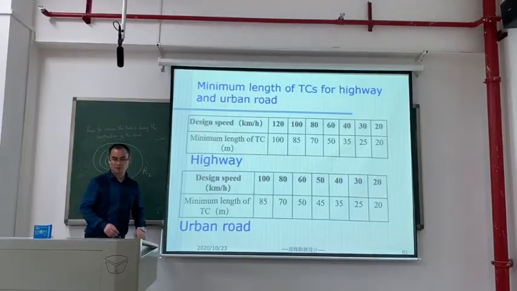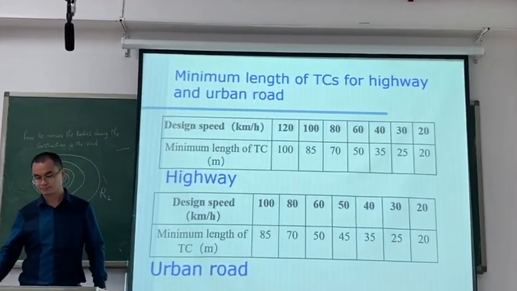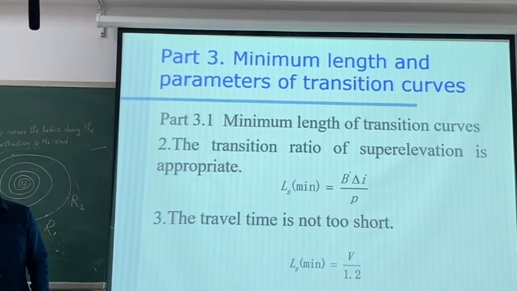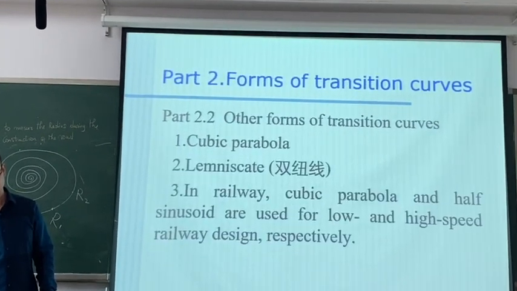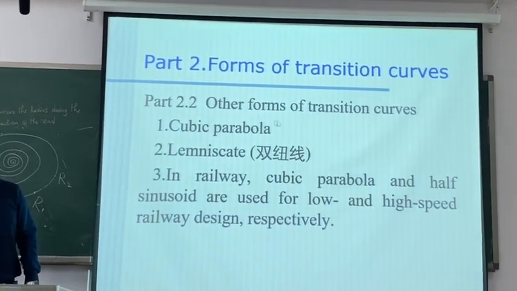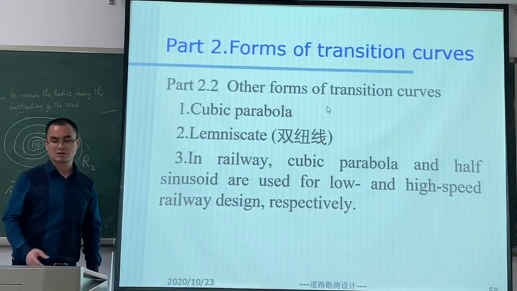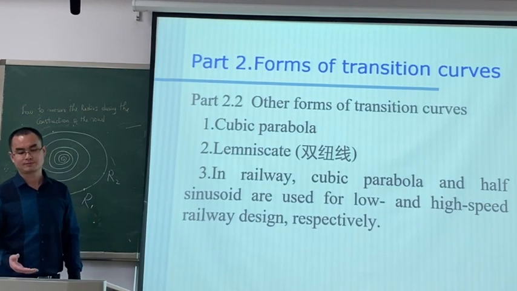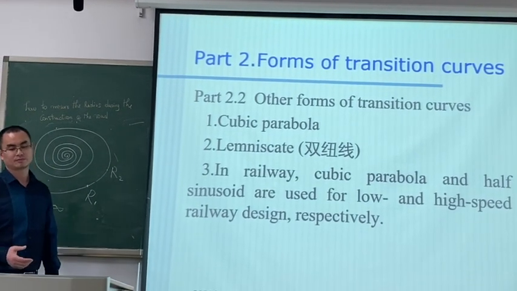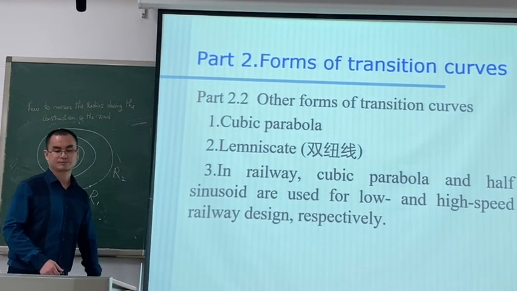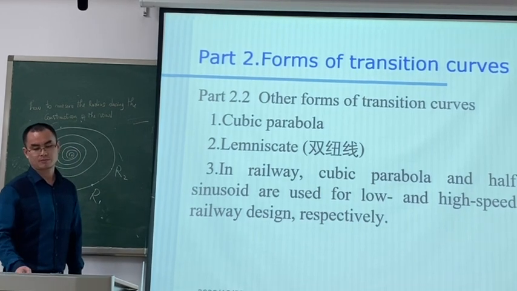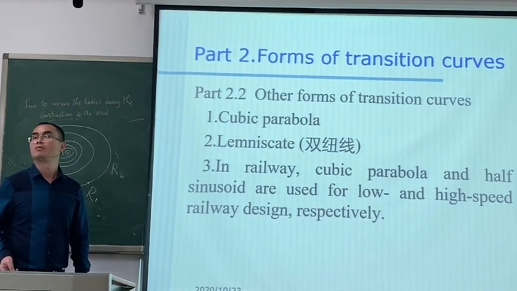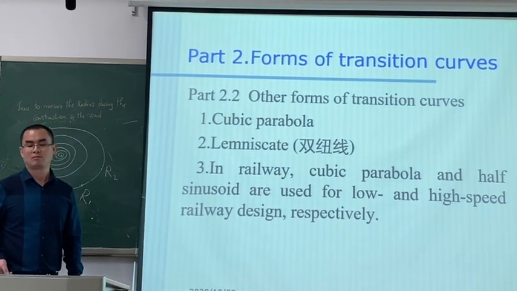Which shape? Other forms of transition curves: cubic parabola. It's like a parabola. It's like a square, but then it's not a square.